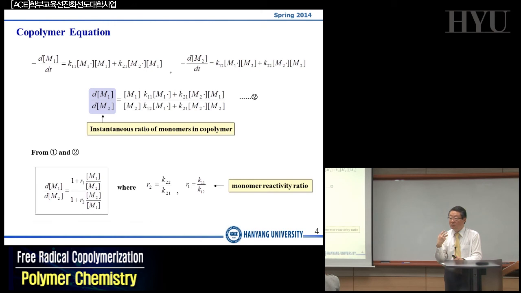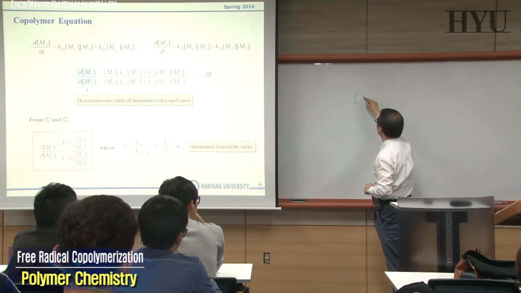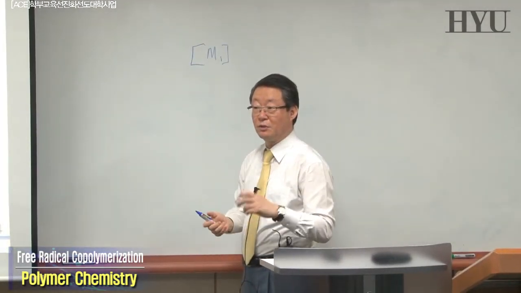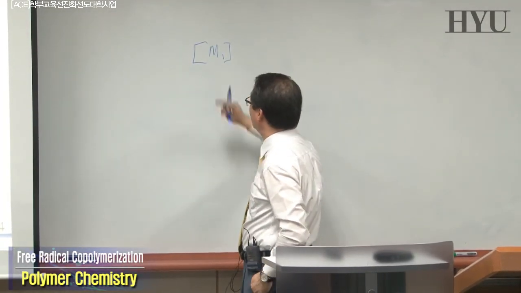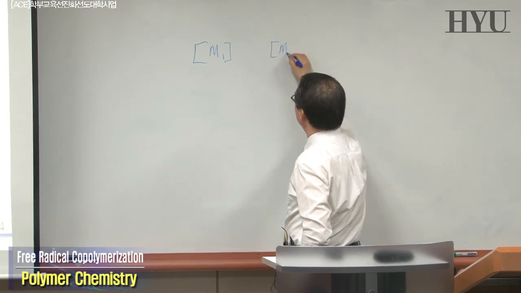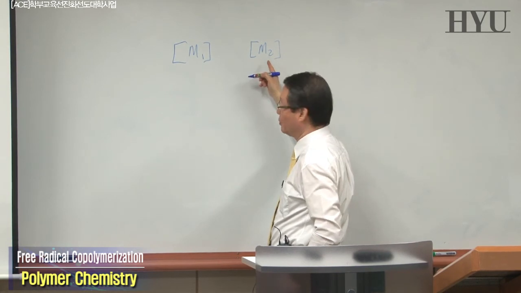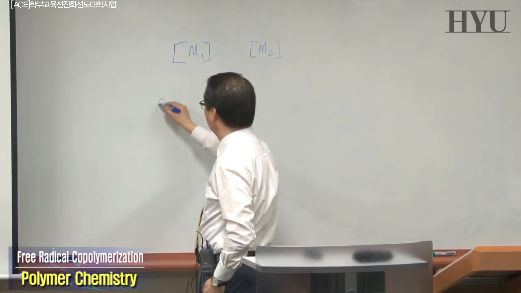But from our chemical engineer's viewpoint, dM1 over dM2 will be the instantaneous ratio of the monomeric units in the copolymer system. And M1 over M2: M1 is the concentration of the first monomer, and M2 will be the concentration of monomer 2 at any point or at the initial point.